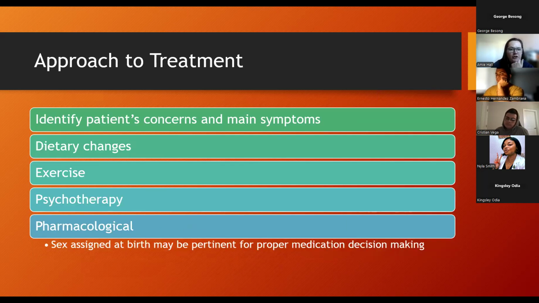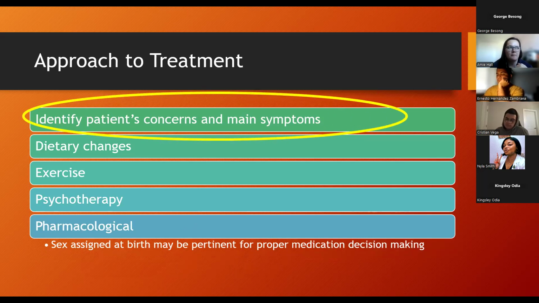So our approach to treatment, the number one thing we need to do is identify the patient's concerns and main symptoms. So I ask the patient, what is bothering you the most? What symptoms do you want to have relieved? And that's going to help me determine which medications to use. We can talk to them about dietary changes.